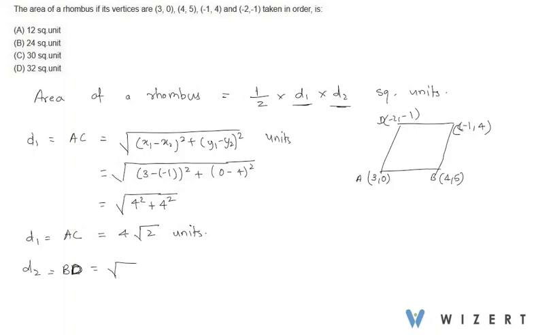Similarly, D2 is equal to BD, and this length of BD is nothing but distance between points B and D. So square root of (x1 minus x2) whole square plus (y1 minus y2) whole square units.